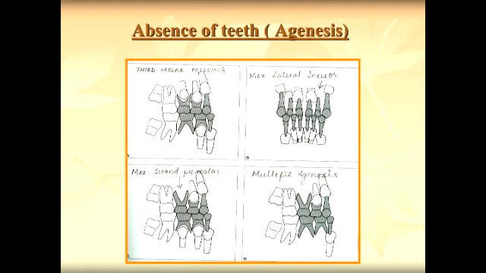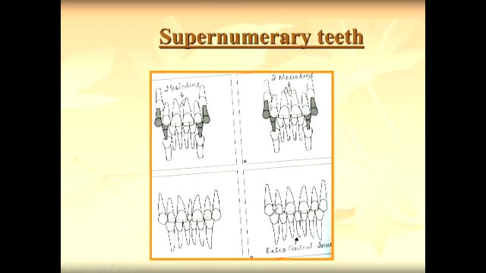Third molar missing here, and then maxillary lateral incisor in the second rank, and in the third rank maxillary second premolar absence as shown here. Multiple agenesis may occur with different syndromes or diseases.